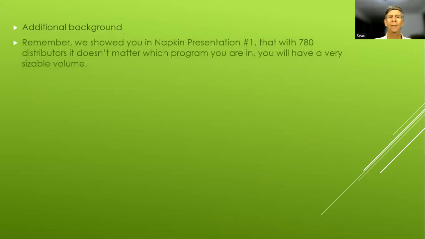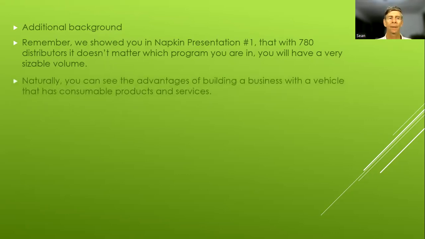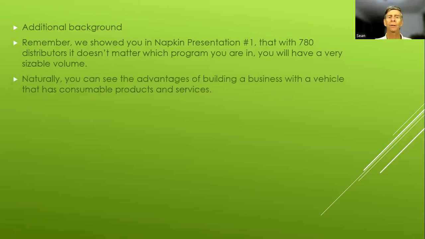Remember, we showed you in napkin presentation number 1 that with 780 distributors, it doesn't matter which program you are in, you'll have a very sizable volume. This is a generic book, so it works for any network marketing program, whether you're providing a service or whether you're providing a product. It will work the same way. Naturally, you can see the advantages of building a business with a vehicle that has consumable products and services.